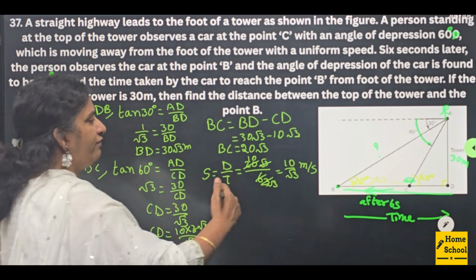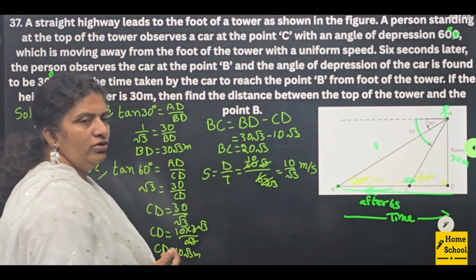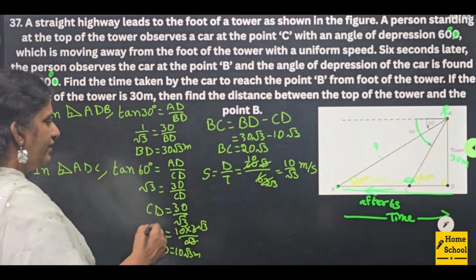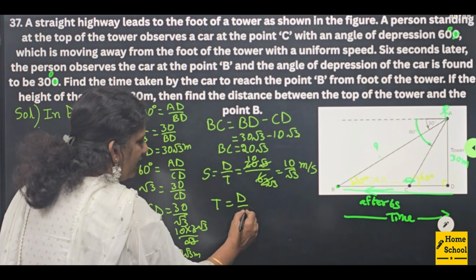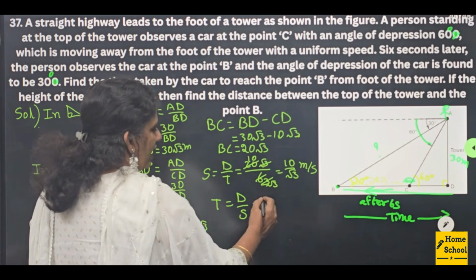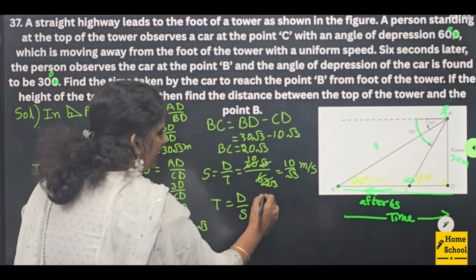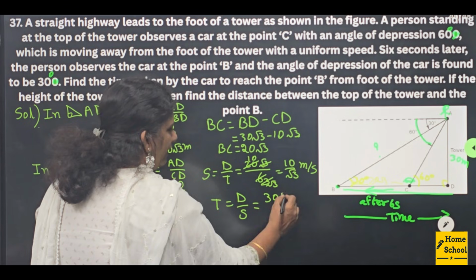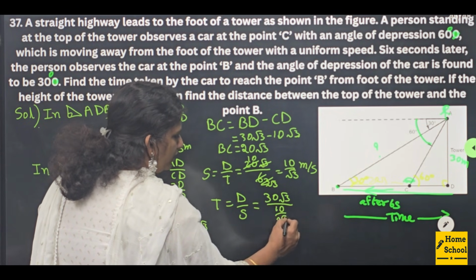Now why can't we find the time taken from the foot of the tower to reach point B? That is, time is equal to distance by speed. Time is equal to total distance. What is the total distance? BD, 30 root 3, by speed of the car, which is 10 by root 3.